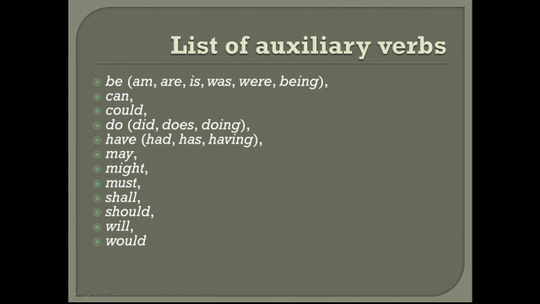Here is a list of the English auxiliary verbs. Be, that can be am, are, is, was, were, or being, depending on the verbal tense. Can, could, do, that can be did, does, or doing.